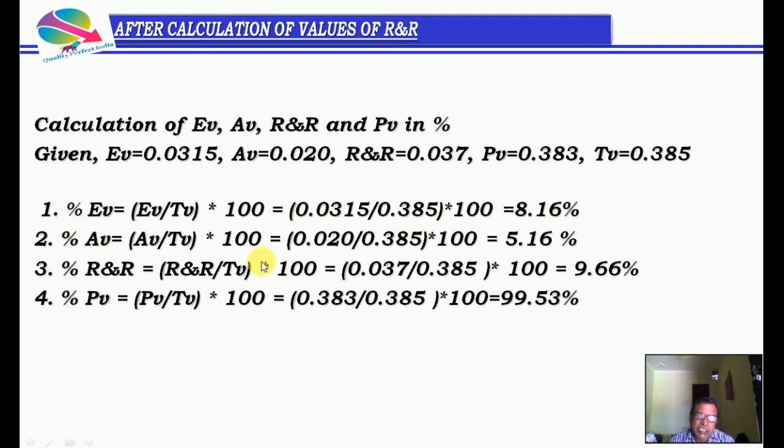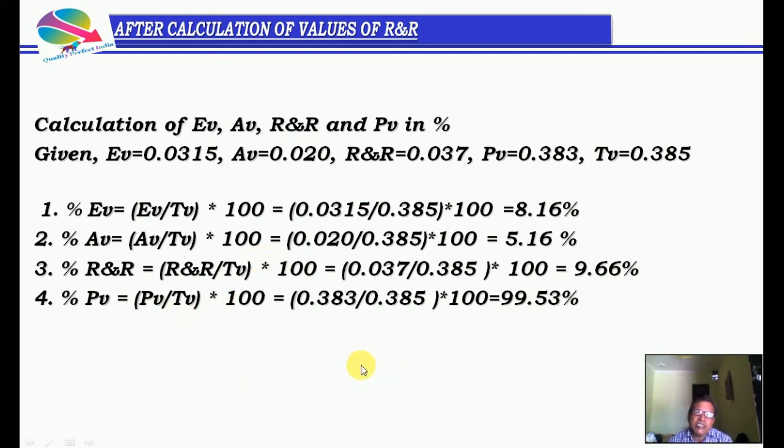Similarly, AV percentage will become 5.16, and gauge R and R divided by TV multiplied by 100 will become 9.66, and percent of PV with the same formula will come 99.53. These are the values observed in percent.